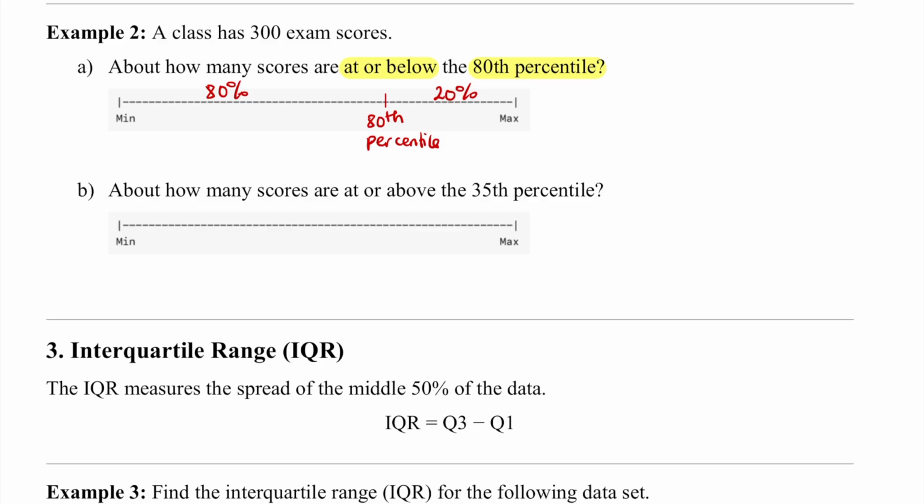So the question asks how many scores are at or below the 80th percentile. I know that about 80% of the data are at or below the 80th percentile. To find how many scores, we take 80% of 300 scores. So we'll take 0.80 times 300, which equals 240.